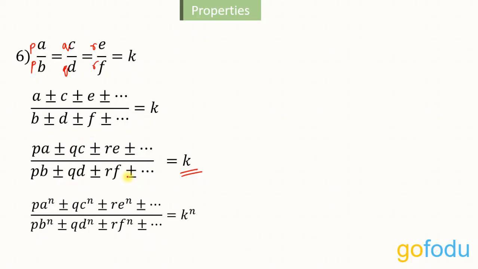If you raise all the ratios to the same power n, A raised to n, C raised to n, E raised to n, and in the denominator we have B raised to n, D raised to n, F raised to n, add or subtract keeping the sequence the same in numerator and denominator, the overall ratio will be equal to K raised to n. Okay. These were a few properties of proportion. We'll solve a few questions in the next one.